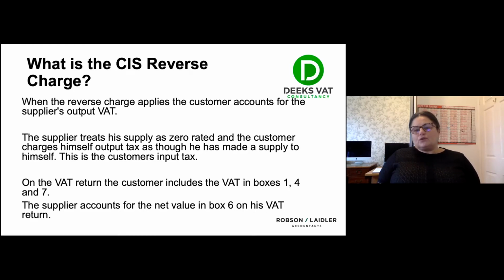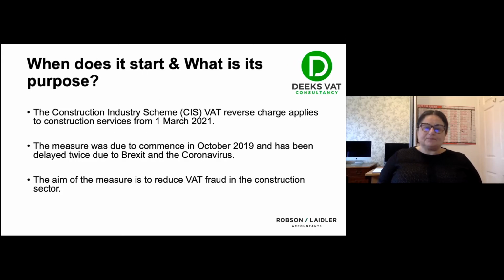He would also recover that in box 4 as his input tax. And then the net value would be included in box 7 as a purchase. And the supplier would just account for the net value in box 6 of his VAT return. So effectively, between the two VAT returns, the actual VAT is getting declared.